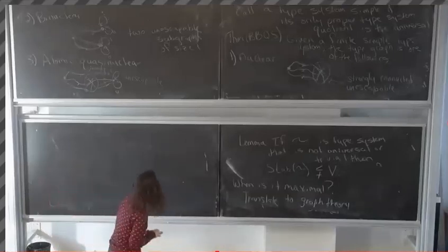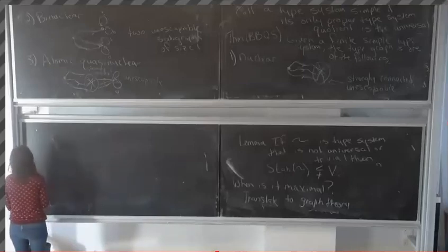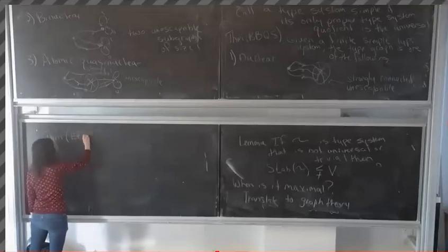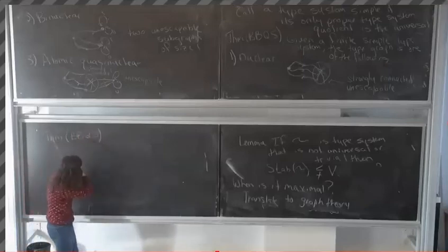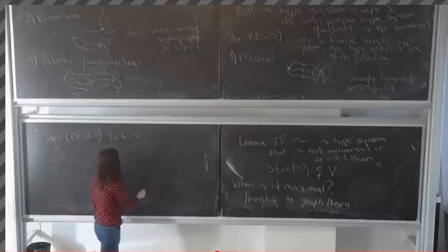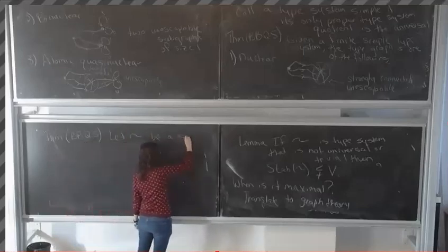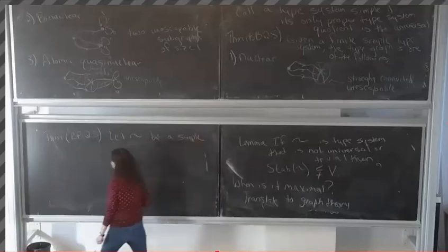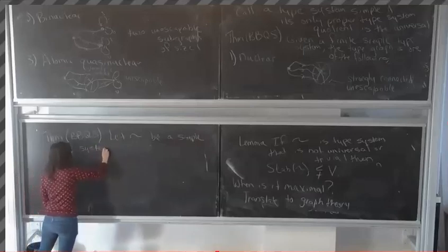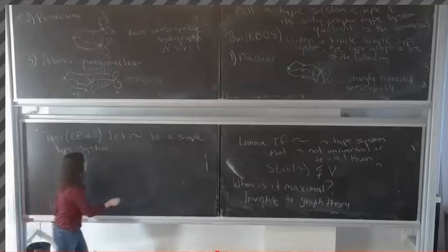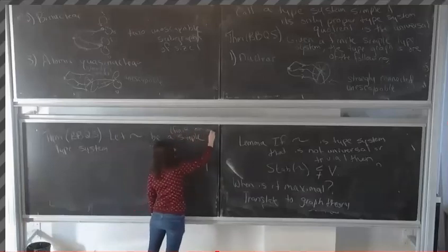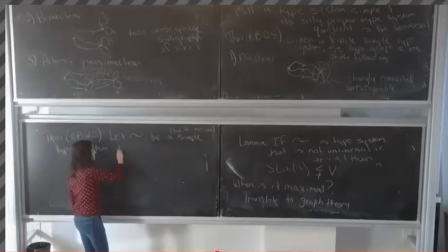So going case by case, we get: let tilde be a simple type system. In fact, here I'm making no assumption on finiteness, so this can be finite or infinite, that is one of these 3 types.